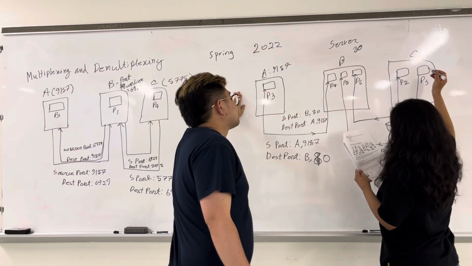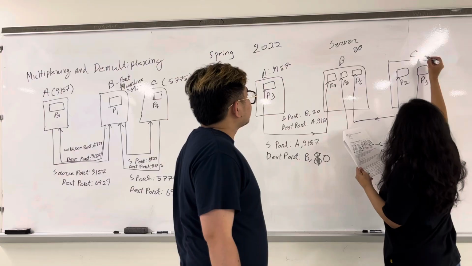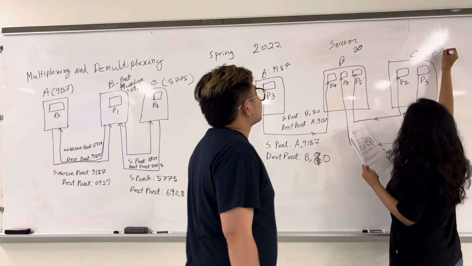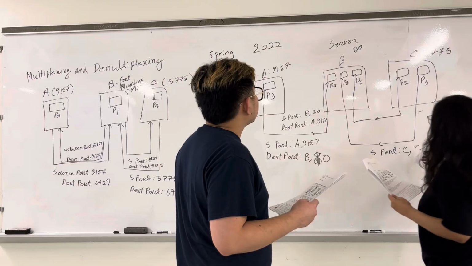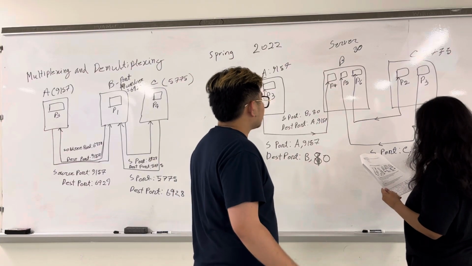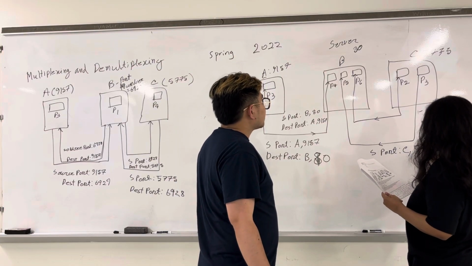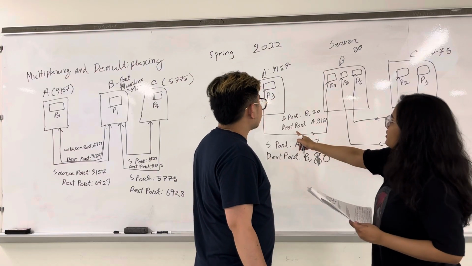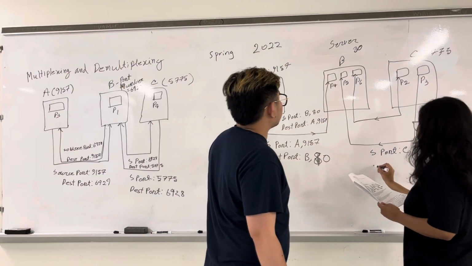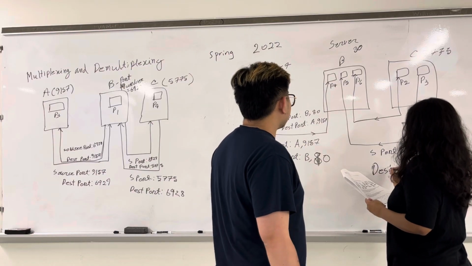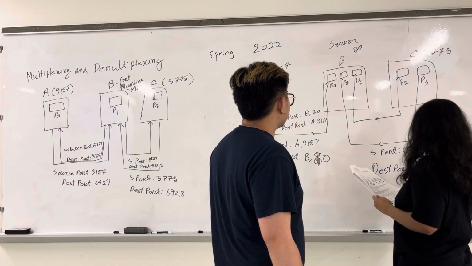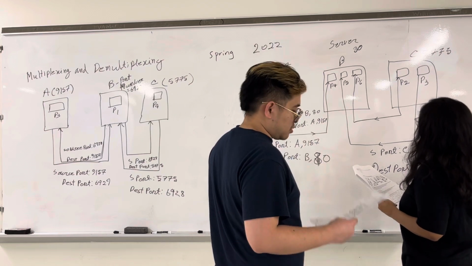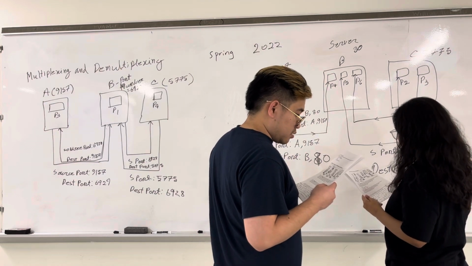C has 5775, but since the connection is P3 here, the value will be 9157, the same number as A, and the destination port will be B at 80.